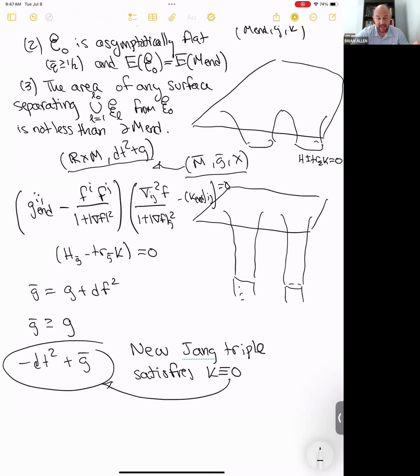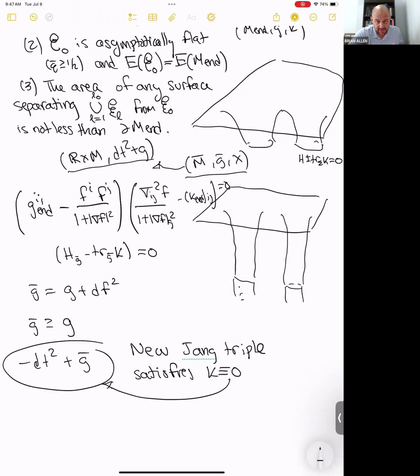Yeah, so what did you gain? You gained that you're in the time symmetric case now, and that you just need to look at the mass at infinity for this thing. So you've basically gone from the general initial data case to the time symmetric case.